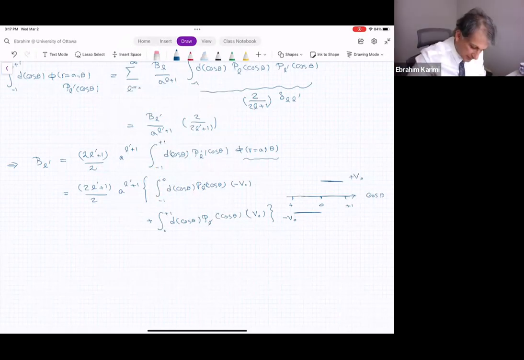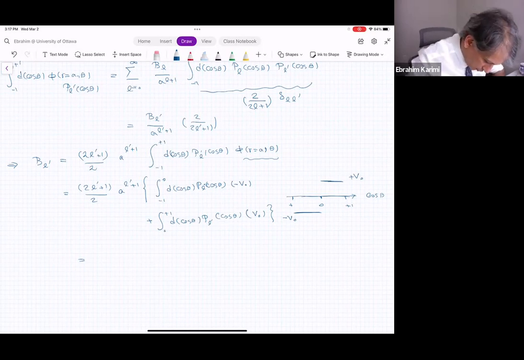Okay, fantastic. Then we can simplify this further. I will do a change of variable, so it will be 2L prime plus 1 divided by 2A^(L prime plus 1). Then cosine of theta is x, essentially.